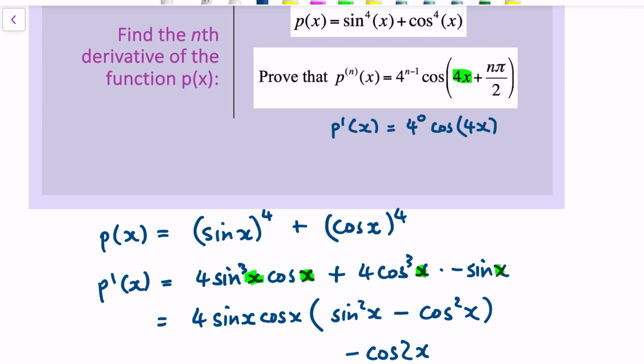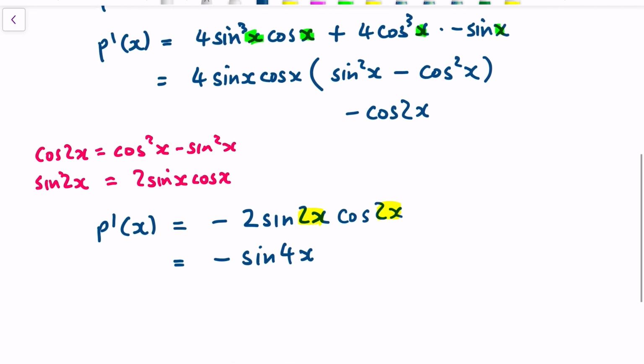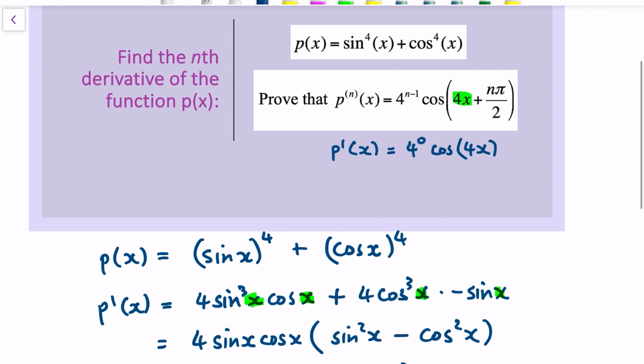Yeah, cosine 4x. We got minus sine 4x. What's gone wrong? My bad. N is equal to 1, so we actually need to add a pi over 2 in there.